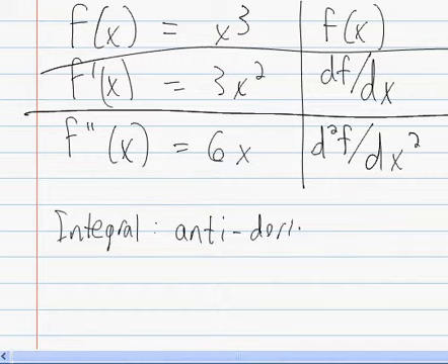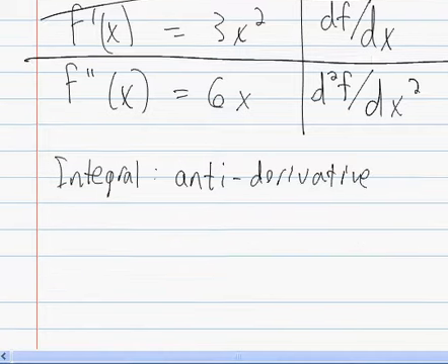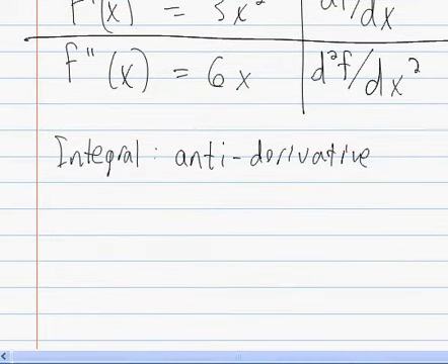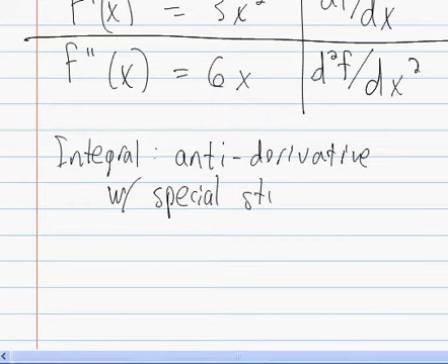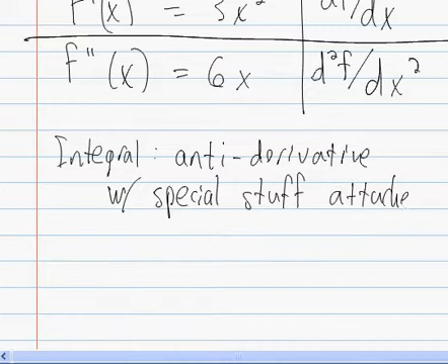We're going to talk about why it's actually important. It's really just an antiderivative with some special stuff attached. So, for example, first you've probably seen the little scrolly thing.